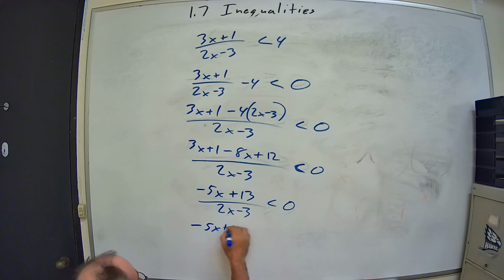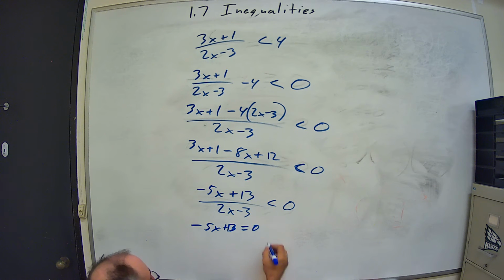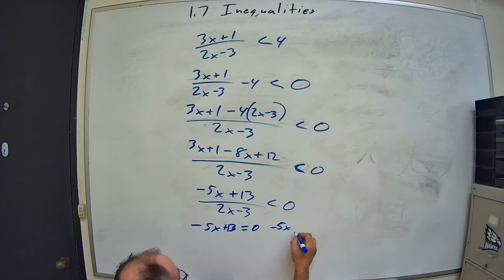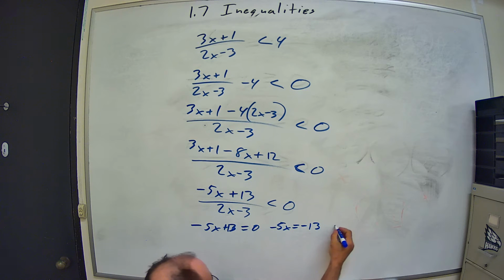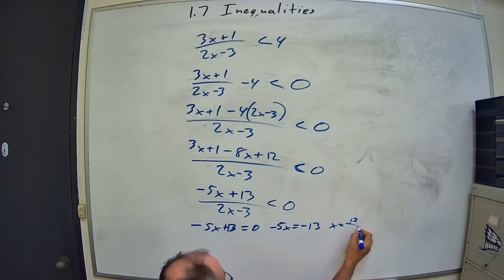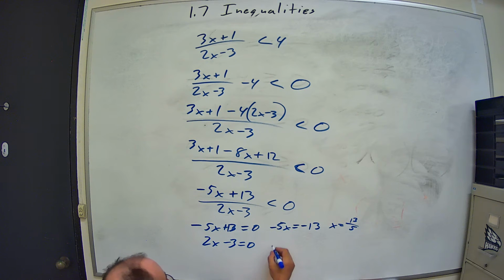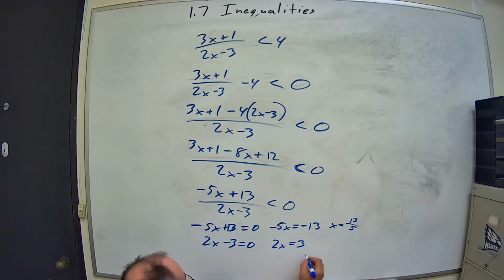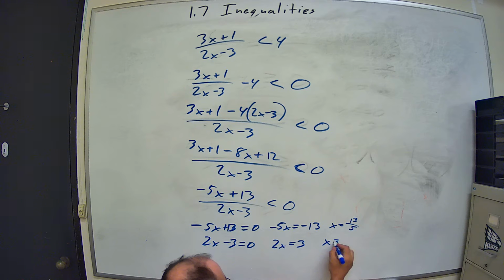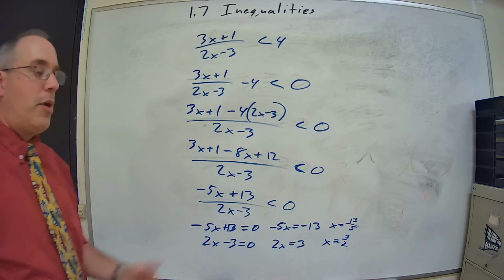Negative 5x plus 13 equal to 0. Negative 5x equal to negative 13. x equal to 13 fifths. And then the other one, 2x minus 3 equal to 0. 2x equal to 3, x equal to 3 halves. So we've got our two possibilities.